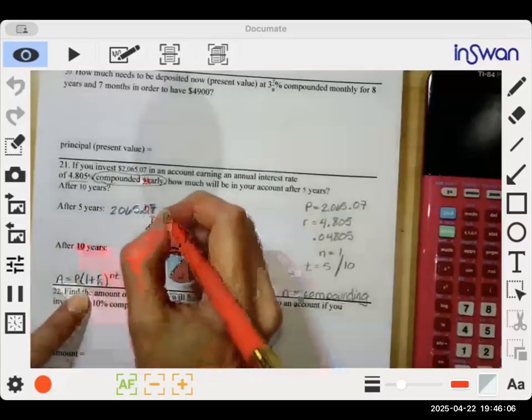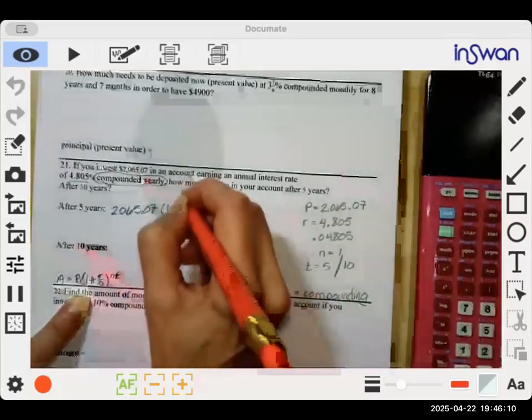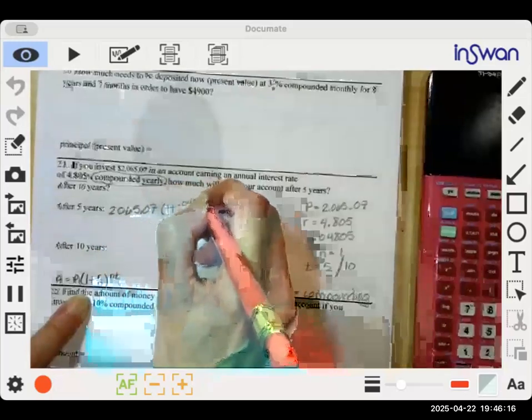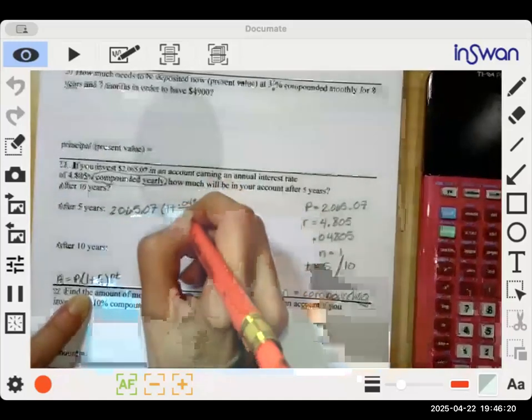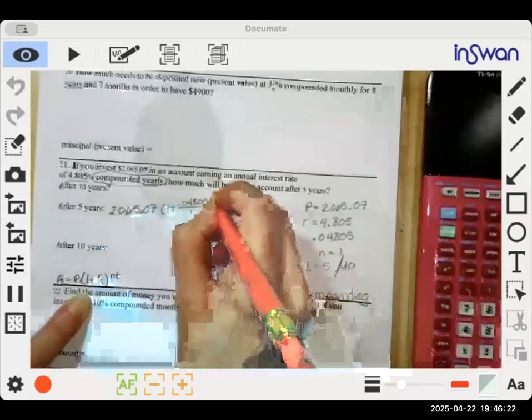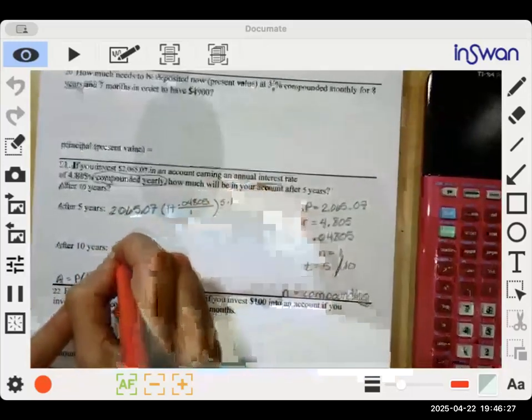Okay, so times 1 plus. This is very tedious with your calculator, isn't it? Making sure you type in all the correct numbers. And I'm just going to do the same thing.